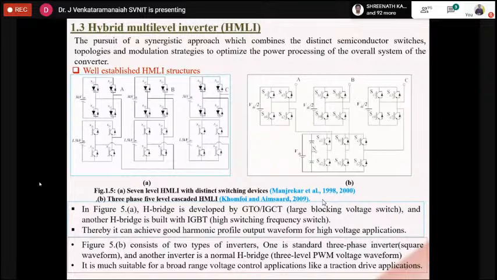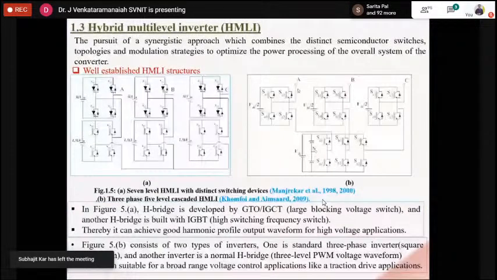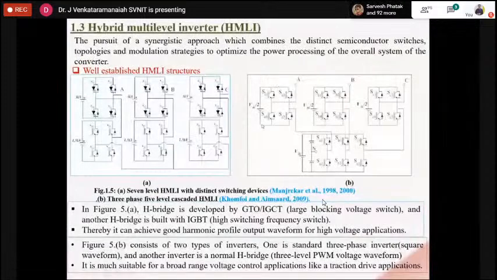Then coming to another kind of hybrid MLI. So here, this is H bridge. It is also a 3-phase configuration. It consists of 2 types of inverters. One is the standard 3-phase inverter, that is H bridge. So 1, 2, 3. So for each phase we have 1 H bridge with the DC value VDC by 2.